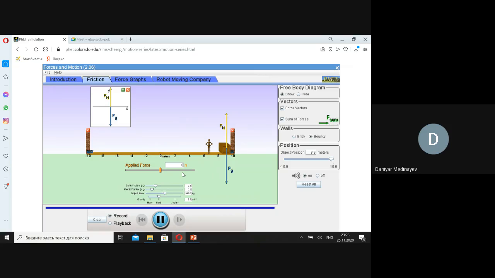And from this data table, you can see the object mass is 100 kilograms, the kinetic friction coefficient is 0.3 and the static friction coefficient is 0.5.